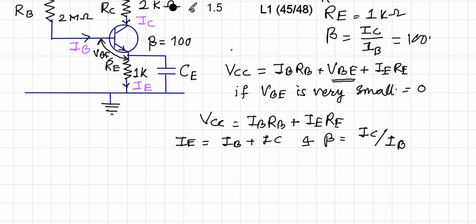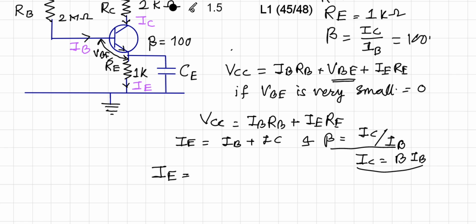So from this we can say IC is equal to beta times IB.